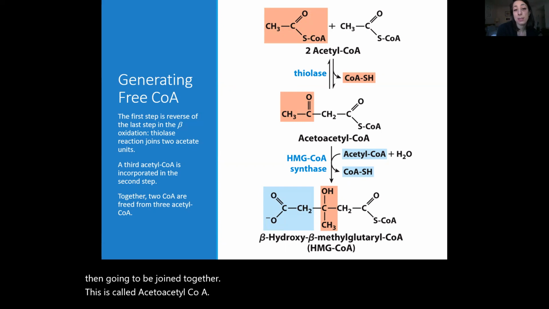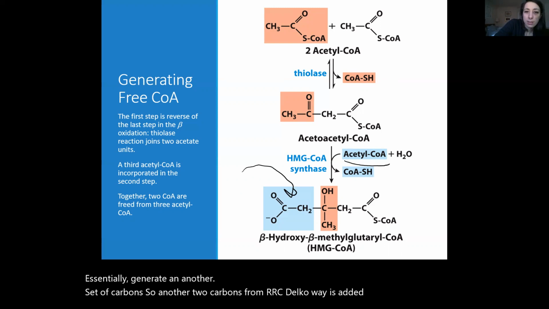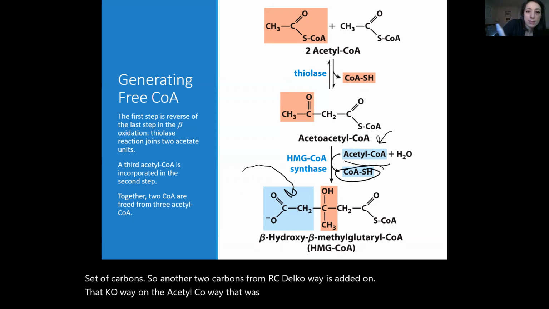So acetoacetyl-CoA is then going to react with one more acetyl-CoA and some water and an enzyme called HMG-CoA synthase. This is going to, as you can see, essentially add on another set of carbons. So another two carbons from our acetyl-CoA are added on. The CoA on the acetyl-CoA that was added is released.